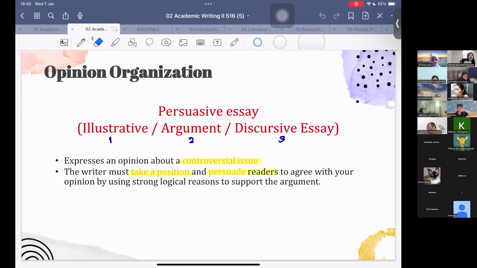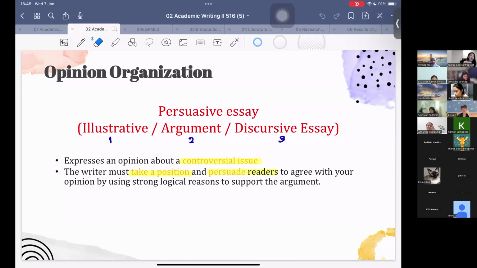Even though it uses the word persuasive, we're not going to use words that are highly persuasive or emotional. We're going to be more neutral and use facts, stats, or knowledge to convince your readers to agree with you.